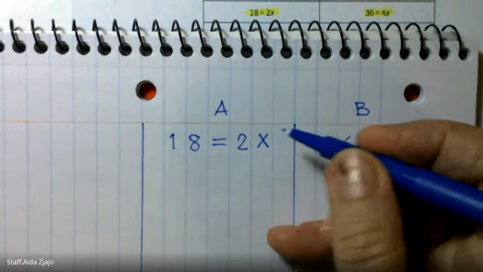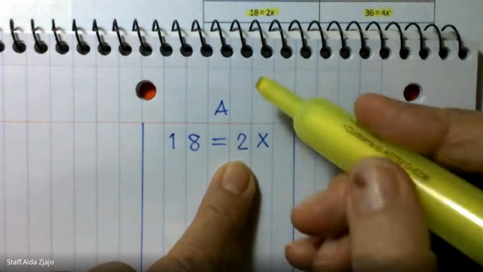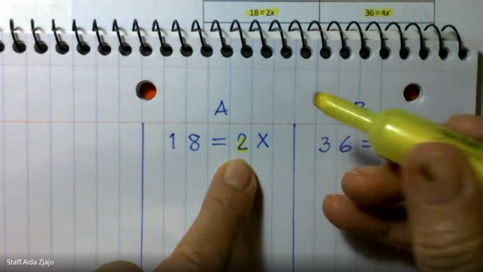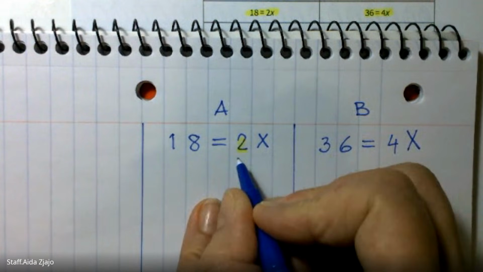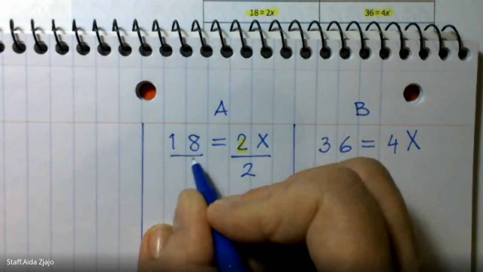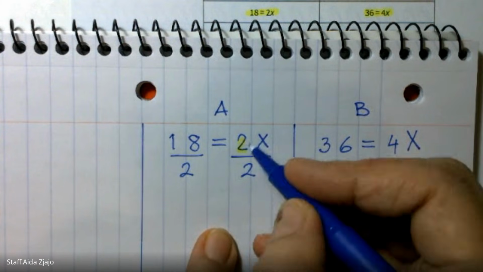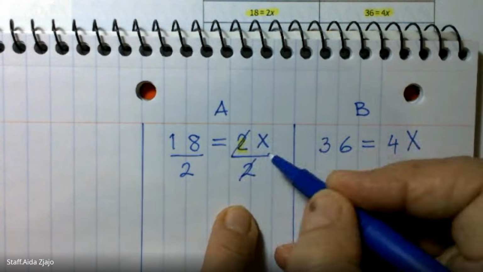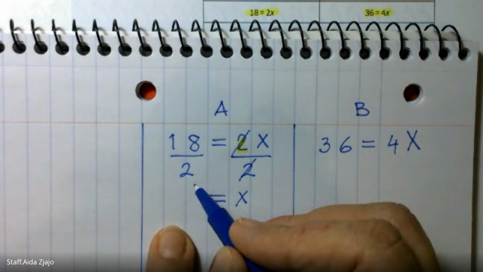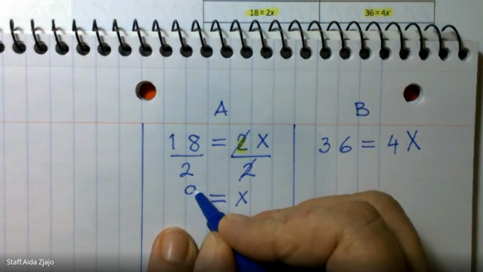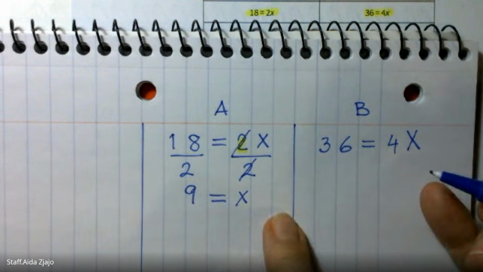If I solve for x, the coefficient is 2. 2x: I need to divide both sides by 2 in order to free the x, or say how much is 1x. So 2 divided by 2 is 1. 1 times x is x, and 18 divided by 2 is 9, because 9 times 2 is 18. So the first answer is 9.